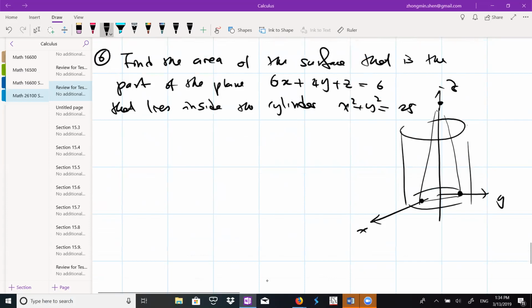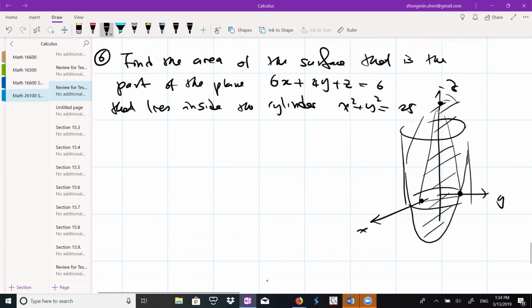So the intersection part is hard to draw. It's going to be somehow like that. Anyway, it is inside the cylinder.